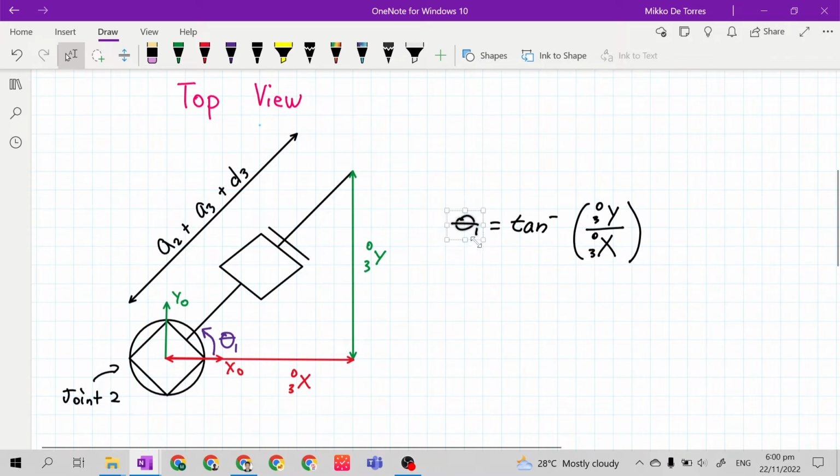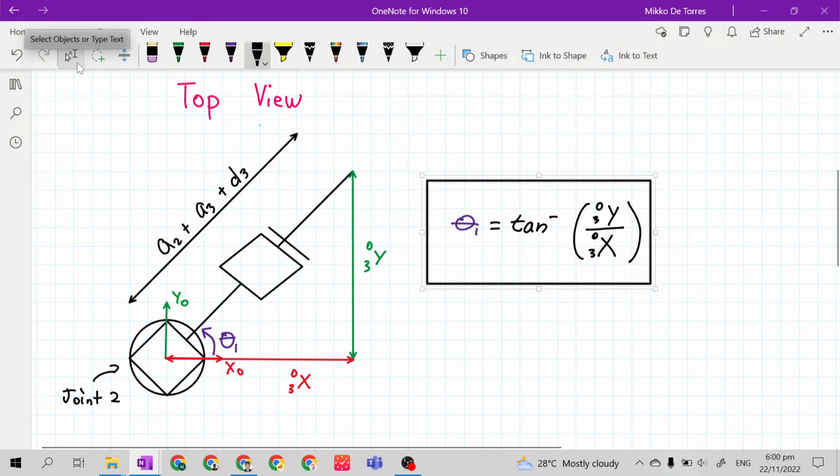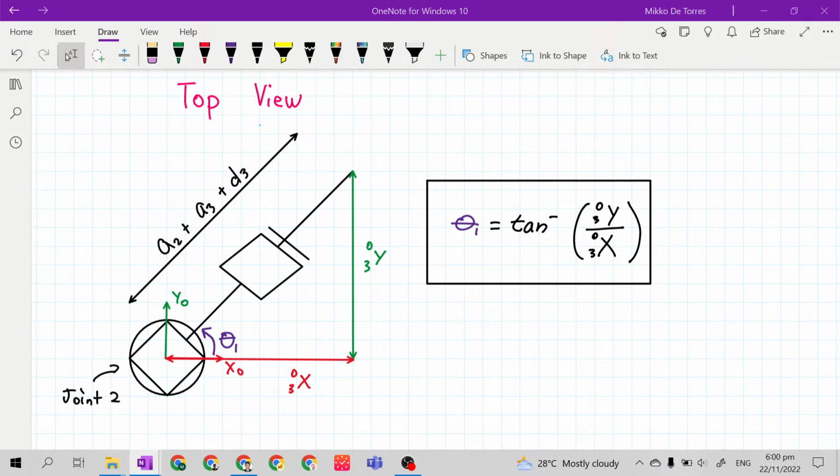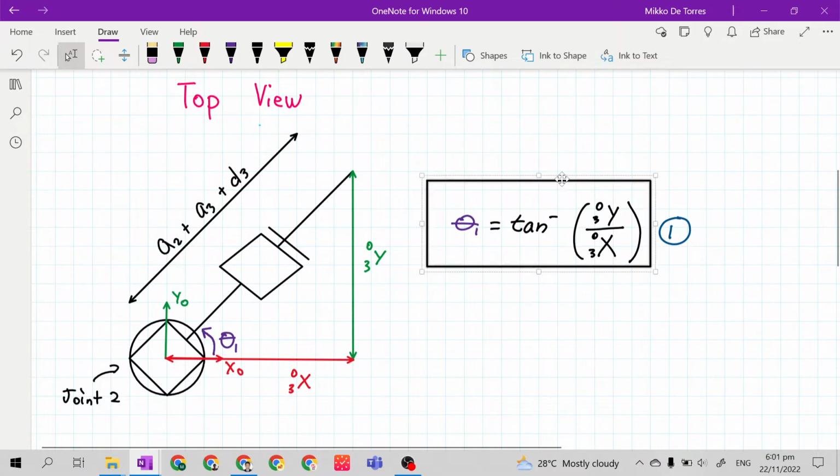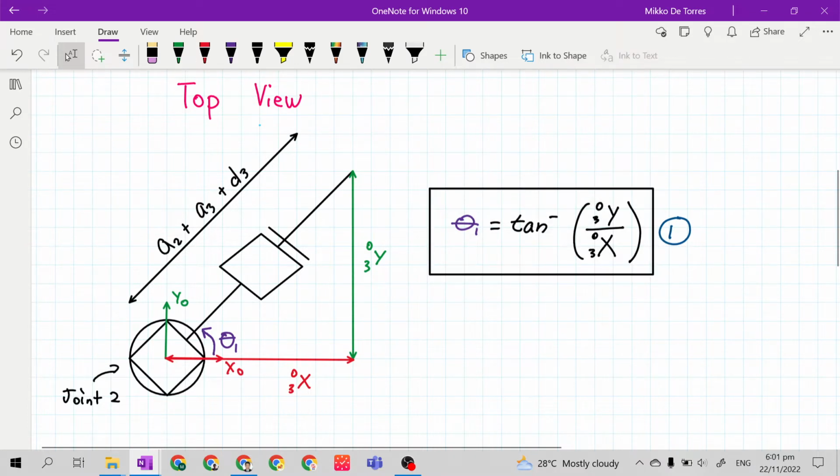Theta 1 is our joint variable, so we already have the solution for theta 1. We will also number it as item number 1, and we will solve this first, because it is already giving us the joint variable theta 1.